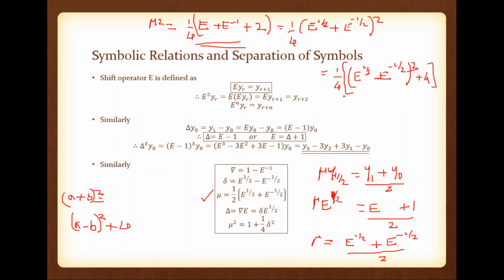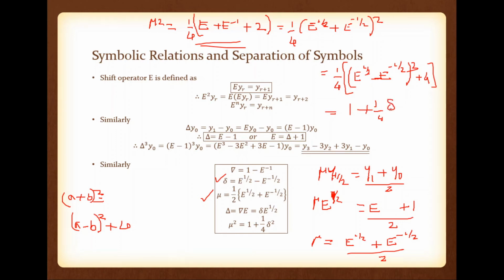Is it okay? Equal to 1 by 4 into 4, what is it? Simply 1 plus 1 by 4 into this one. That is a question: what is e^(1/2) minus e^(-1/2)? That is delta. Right? So this bracket is delta. Sorry, theta.